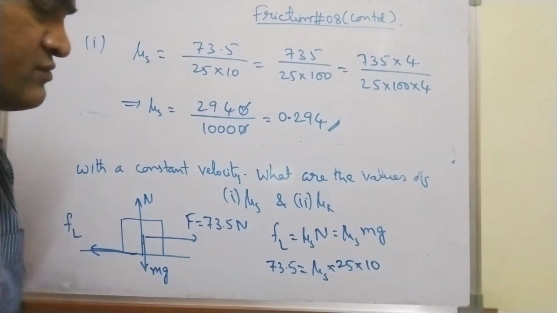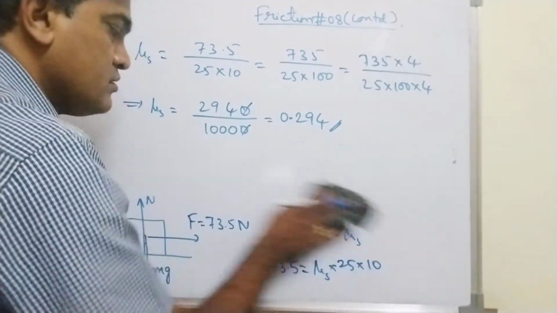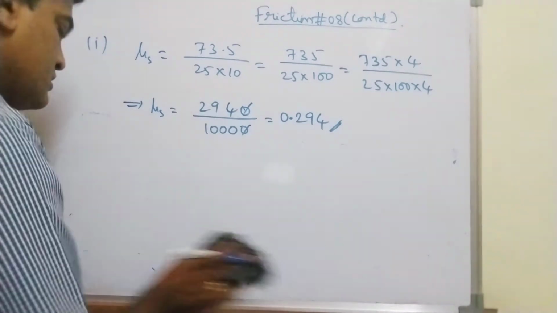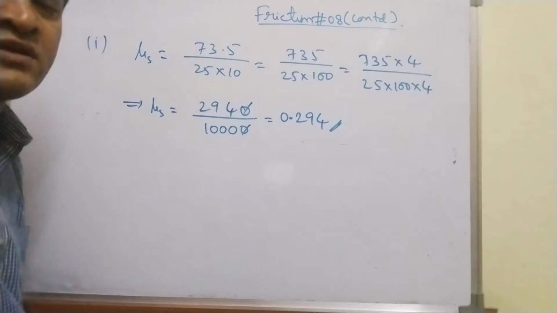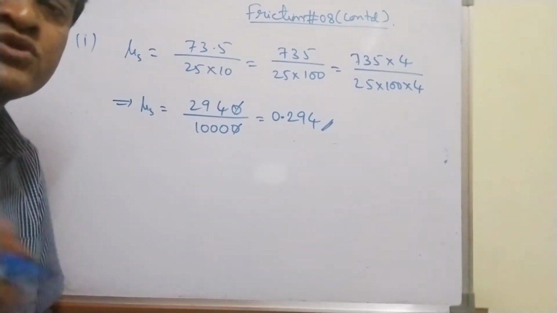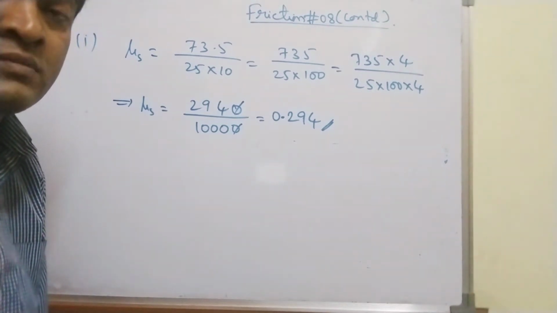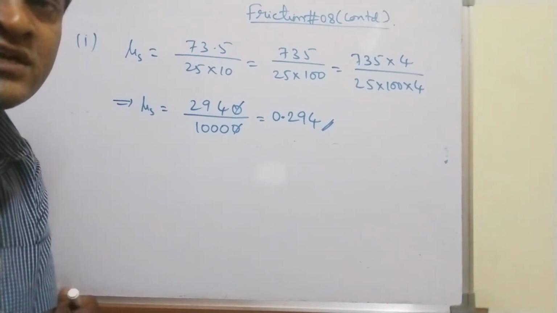Now, what is the other thing you need to find out? You have to find out the value of μk as well. But this time you need not apply 73.5 Newton again, because the body is already in motion. When the body is in motion, if you remember the graph, the kinetic friction will be constant.